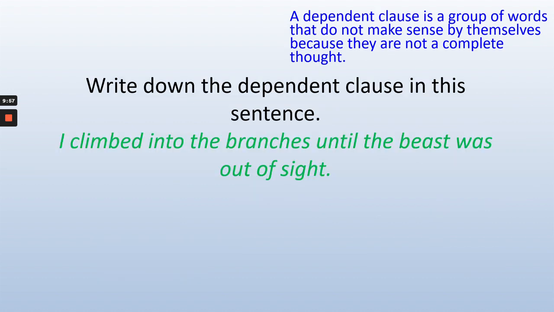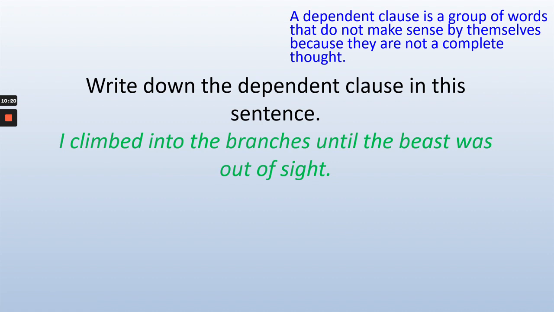Well done. Write down the dependent clause in this sentence. I climbed into the branches until the beast was out of sight. That should probably say, I climbed up into the branches until the beast was out of sight. Sorry, I made that mistake.